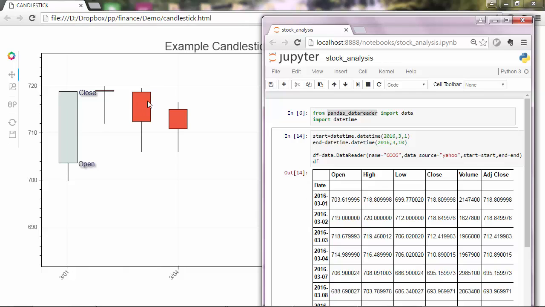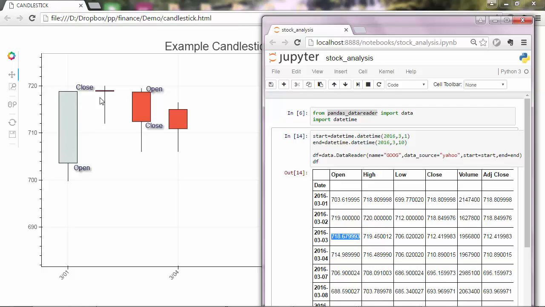So let's explain this one here. The lower border is somewhere at 712, which is this closing price here, and then 718 for the open price. So closing price here, open price here. But for this one we had open price here, closing price here.